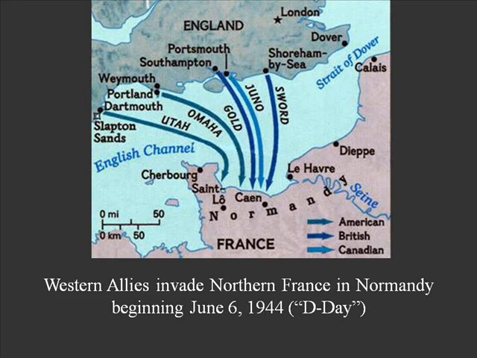And finally, the Americans, the British, and the Canadians agree that in 1944, so we're skipping ahead pretty quickly, obviously, to invade northern France in an area known as Normandy, that coastline, which has been known as Normandy for hundreds and hundreds of years. That invasion begins the first week of June 1944 on what has become known as D-Day.